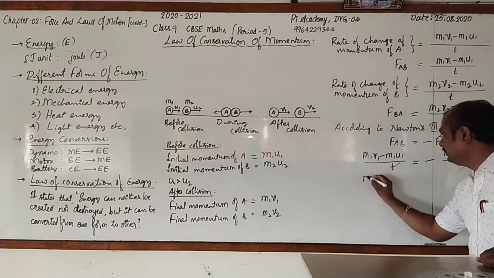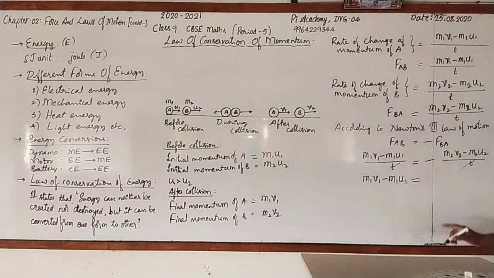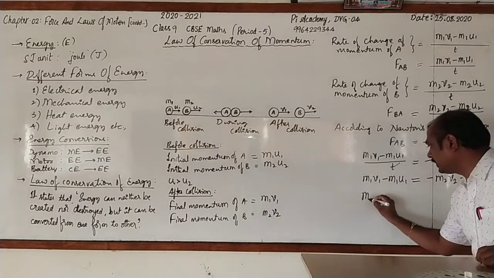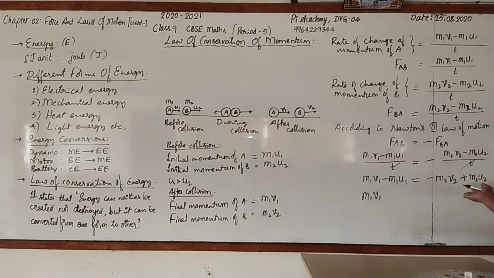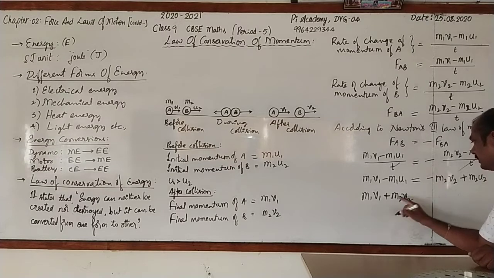This is m1 v1 minus m1 u1 is equal to, multiply minus with both the terms, minus m2 v2, then minus into minus, plus m2 u2. Clear? This can also be written as m1 v1. Take the u terms and v terms separately. Here the v term is there, minus m2 v2 becomes plus m2 v2.